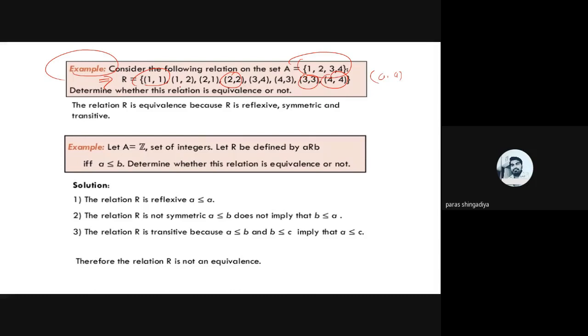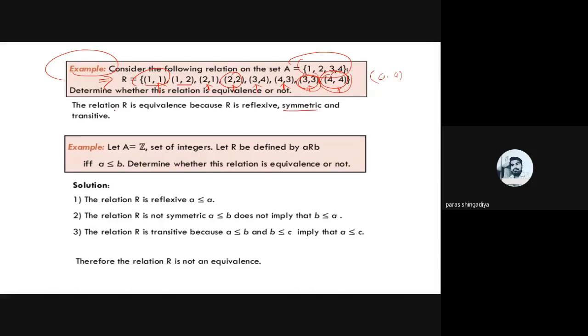Then for symmetric: for 1 comma 2, 2 comma 1 exists here. Then for 3 comma 4, 4 comma 3 exists here, and the pairs 1 comma 1, 2 comma 2, 3 comma 3, 4 comma 4 are by default symmetric as well as anti-symmetric. So this is a symmetric relation.